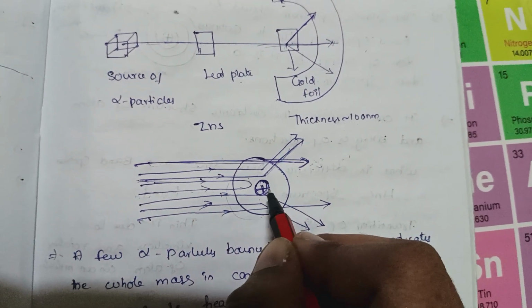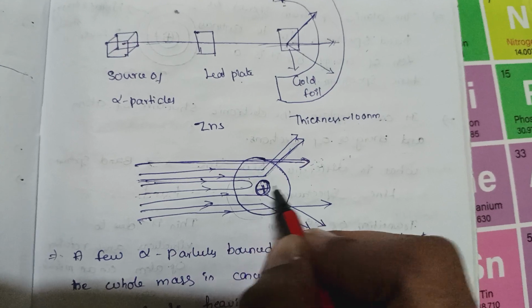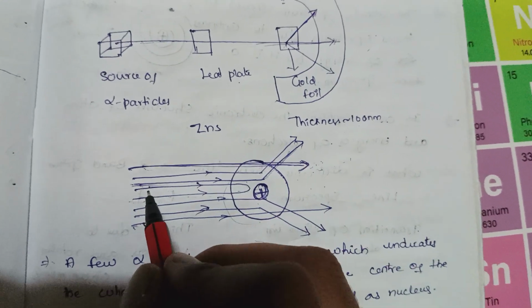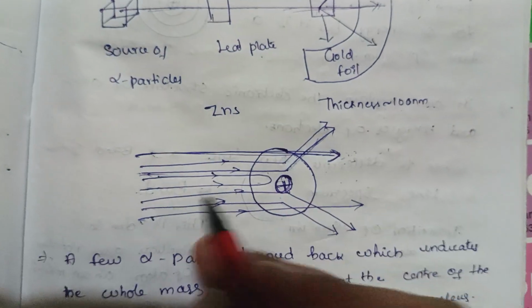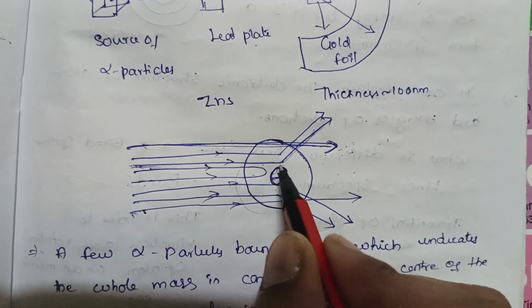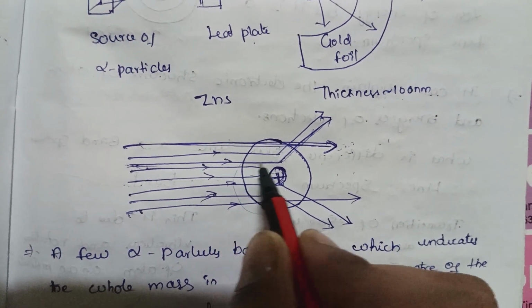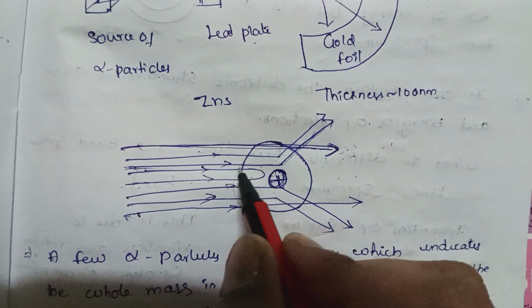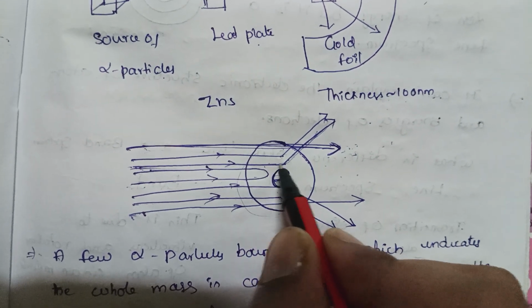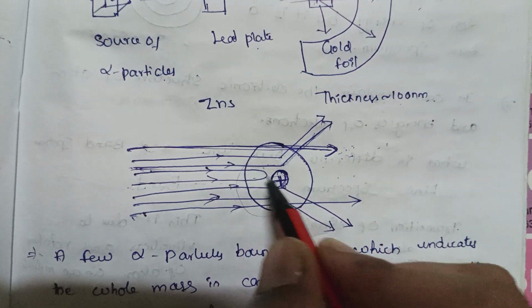Alpha particles have positive charge and the nucleus also has positive charge. So whenever they come closer to the nucleus, the alpha particles are deflected because of repulsive forces between the alpha particles and the nucleus.